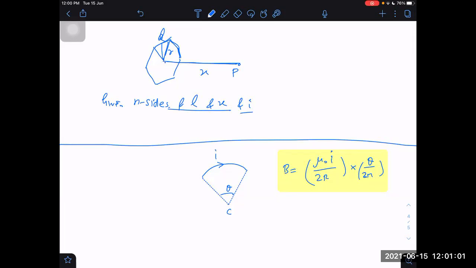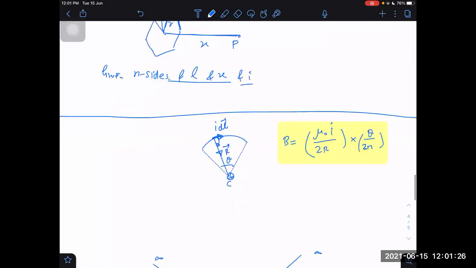The direct method: if I take a dL element here, and the R vector I'm taking radially inwards. This is the R vector pointing radially inwards, right? So what will be dL cross R? dL cross R will be pointing in the plane, minus k cap, or not?